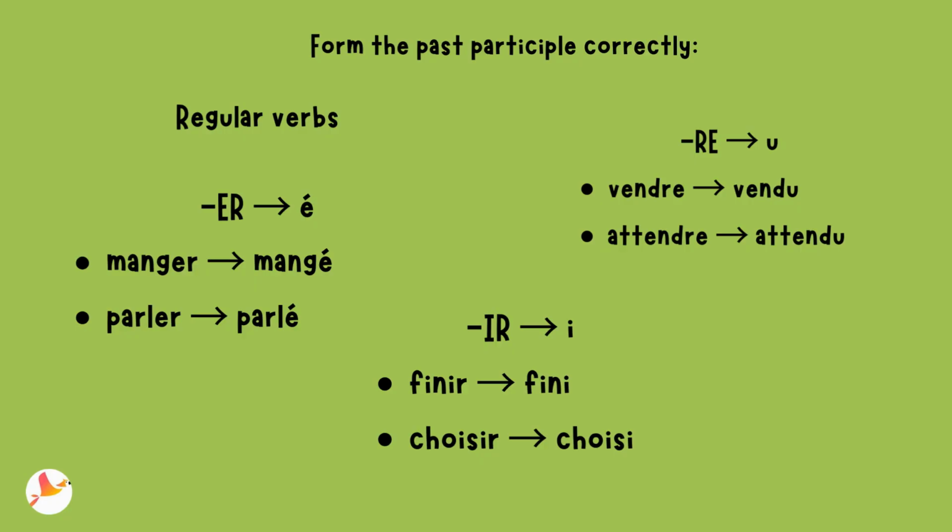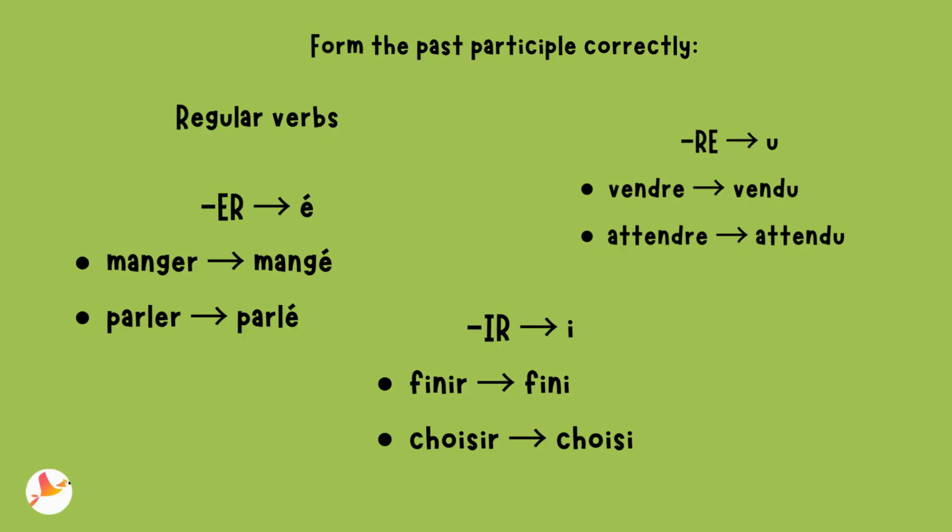Now, if the verbs are regular and end in er, we drop the er and we have the é with an accent aigu added to the root of the word. So manger ends in er, and that becomes mangé. Parler ends in er, that becomes parlé.